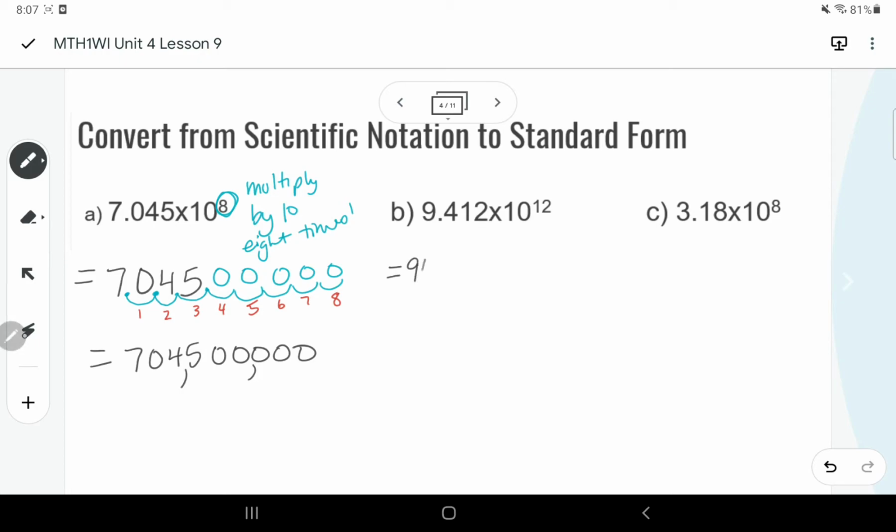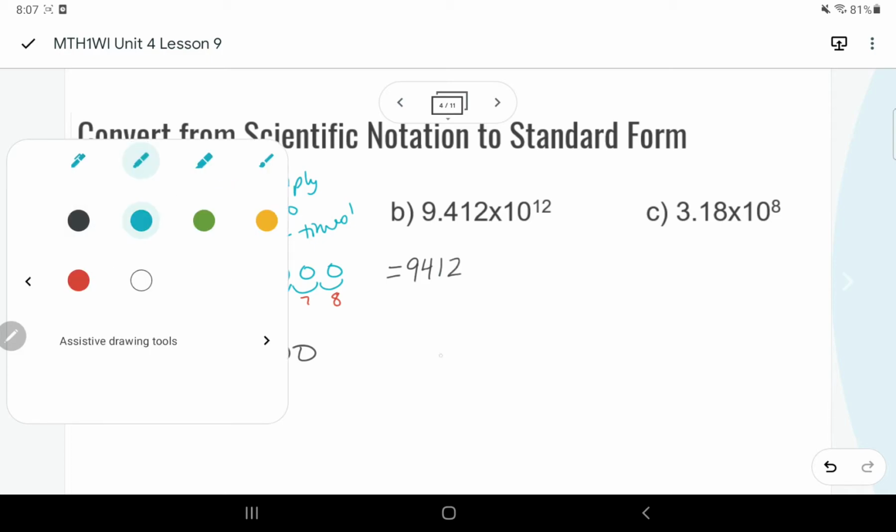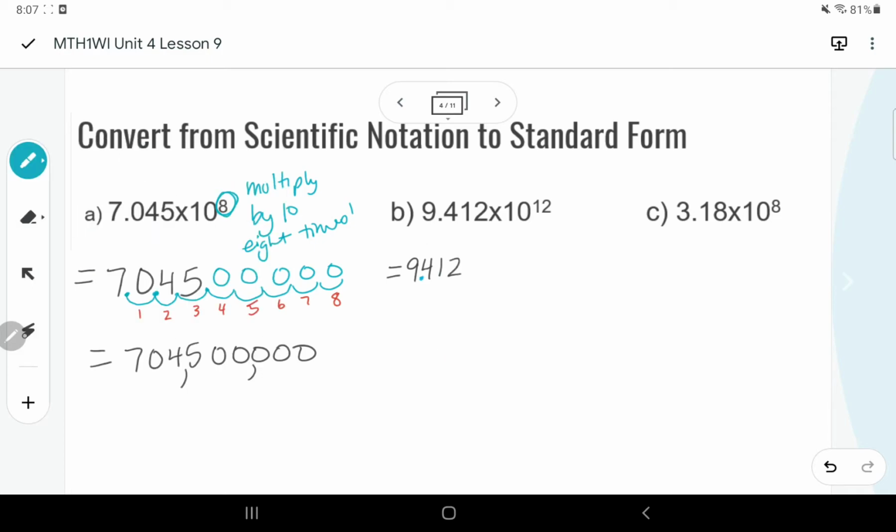Okay, so I'm going to start out with 9412, and I have to move this decimal place 12 times because it's multiplying by 10 12 times. It's times 10 times 10 times 10, 12 different times. So this is going to move it 1 time, 2 times, 3 times, but then I have to go still 9 more times. 4, 5, 6, 7, 8, 9, 10, 11, 12.